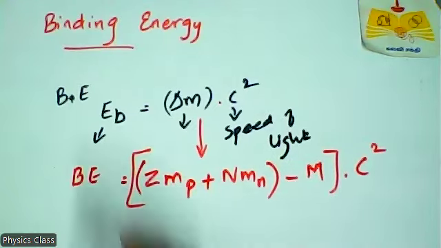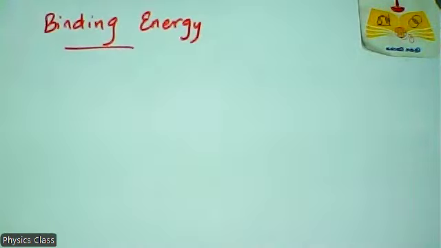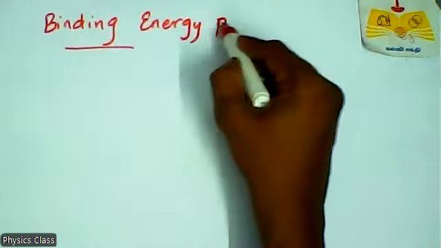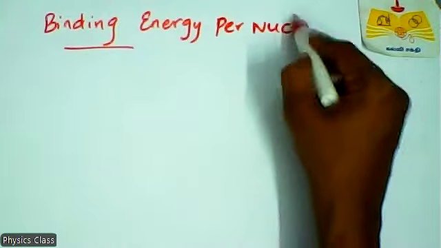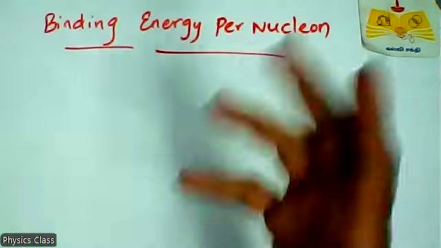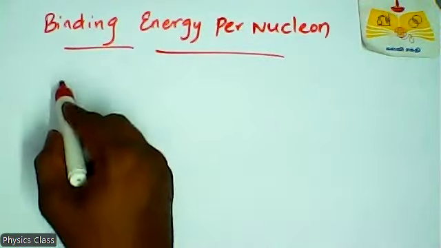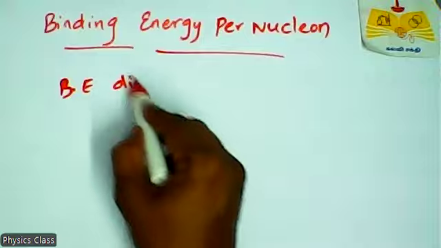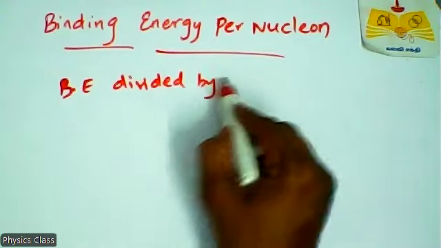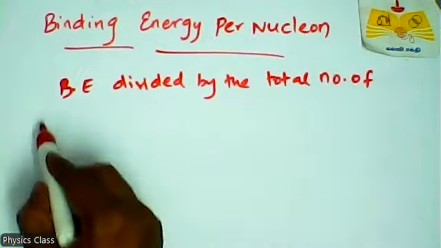Next, we will move on to the next topic: binding energy per nucleon. Now let's talk about binding energy per nucleon. This is binding energy divided by the total number of nucleons.